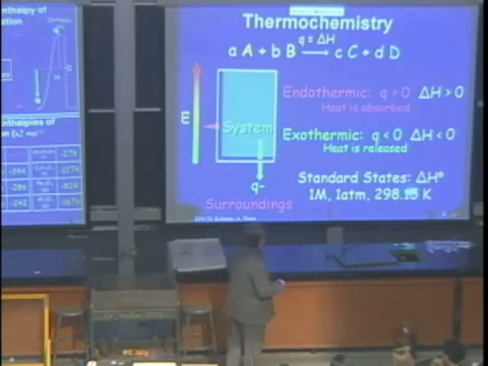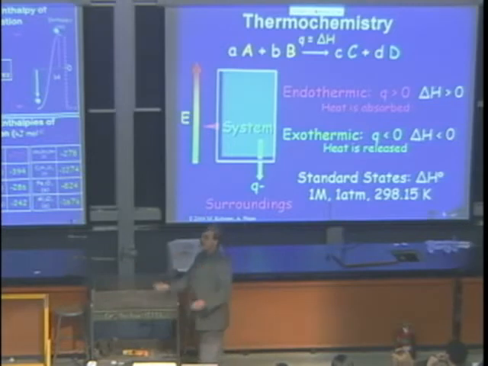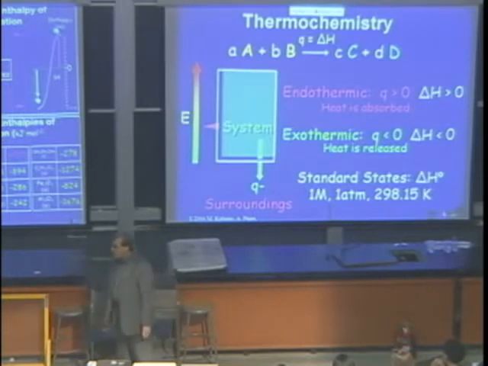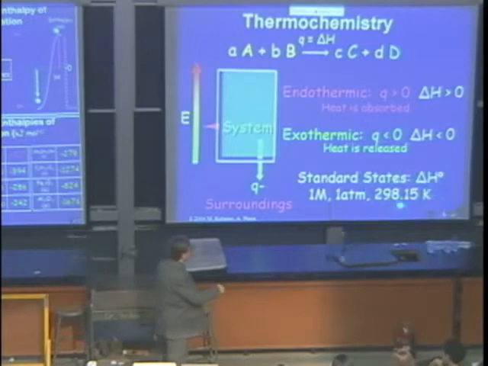So we do these calculations in standard state. And this is a funny thing, we say all the liquids are 1 molar, and all the gases are at 1 atmosphere, and we use 298.15 K, that's 25 Celsius. This is our standard state.